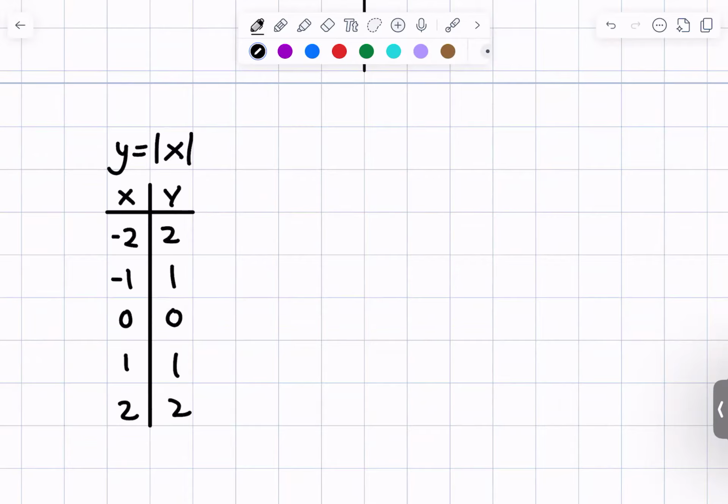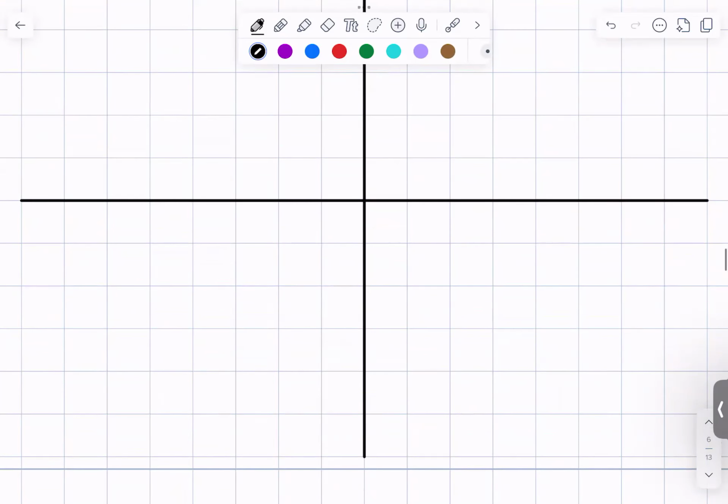Those parent points will never change. The parent graph will never change. Okay, so if I go ahead and graph it step by step, it would look like this. Yeah, that would be my parent function.